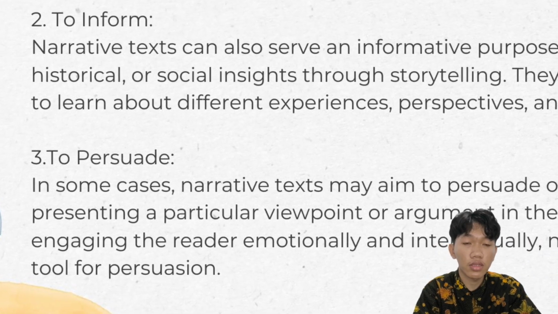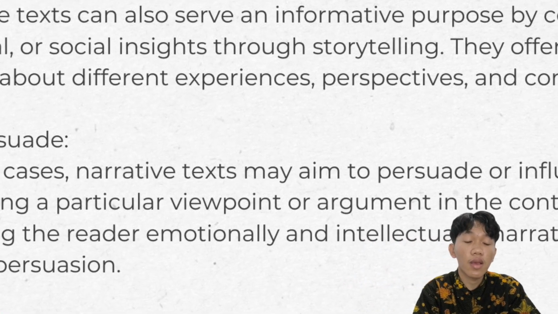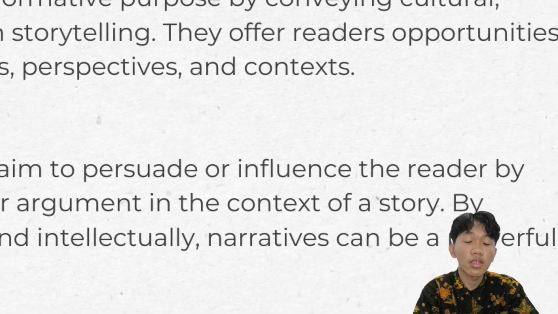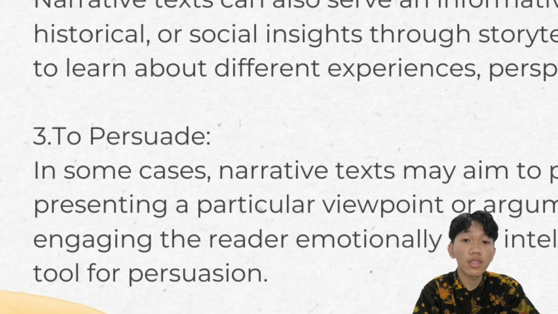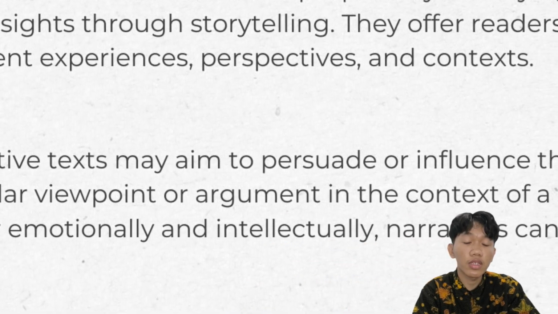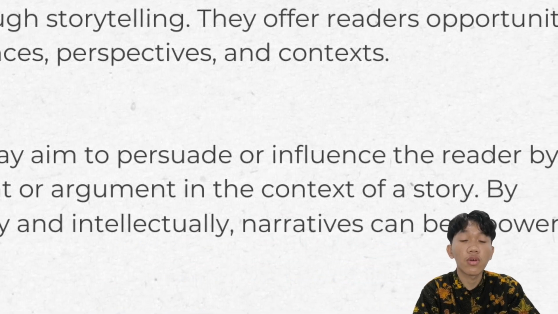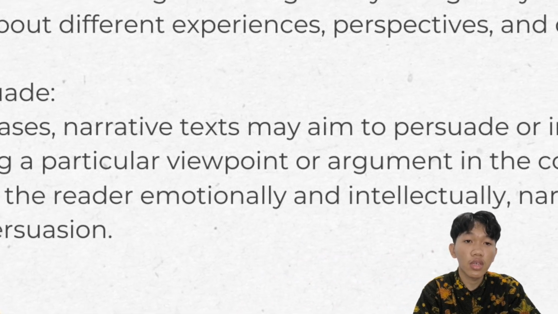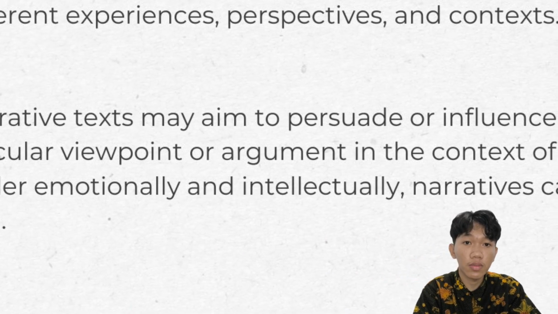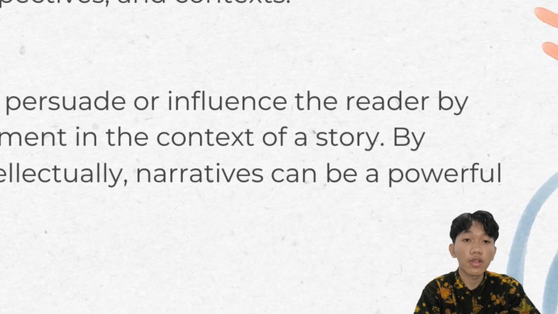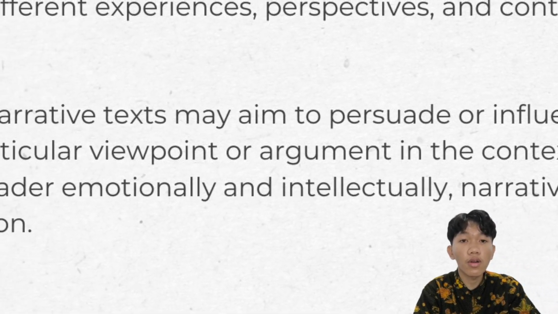In some cases, narrative text may aim to persuade or influence the reader by presenting a particular viewpoint or argument in the context of a story, engaging the reader emotionally and intellectually. Narrative text can be a powerful tool for persuasion.